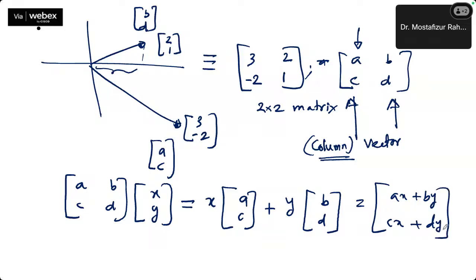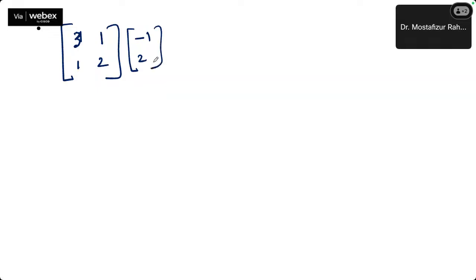Now let's take an example to appreciate this. So basically you can see it's a linear combination of your vectors, simply matrix vector multiplication. Say for example we take the matrix 3 1 and 1 2, and we want to multiply with minus 1 2, right?